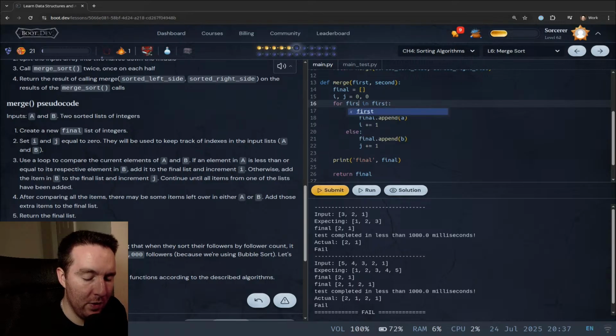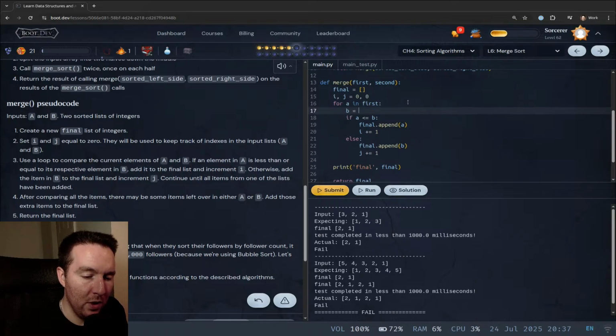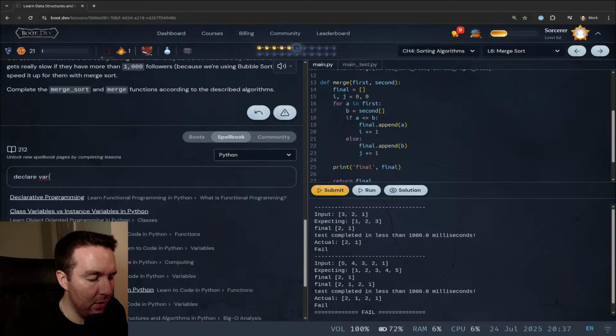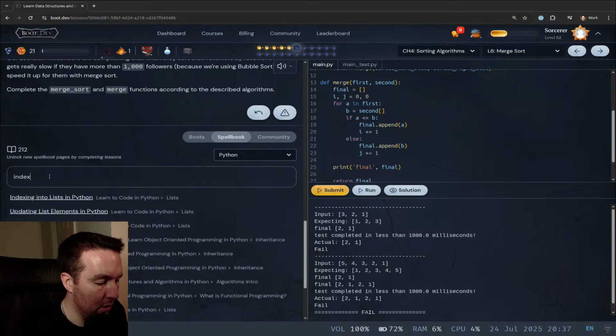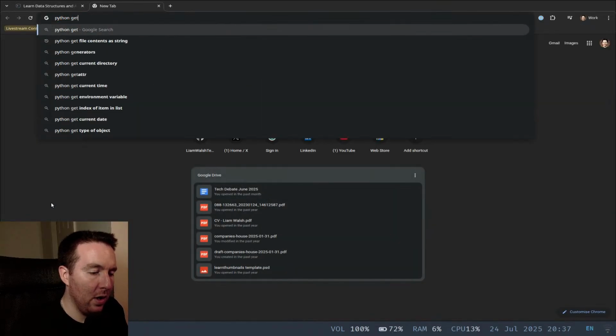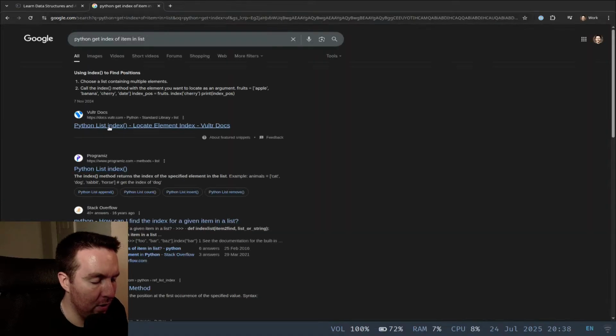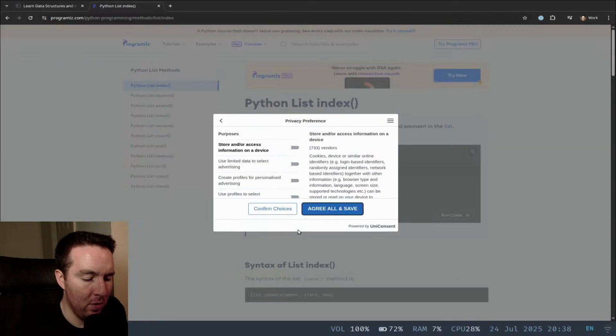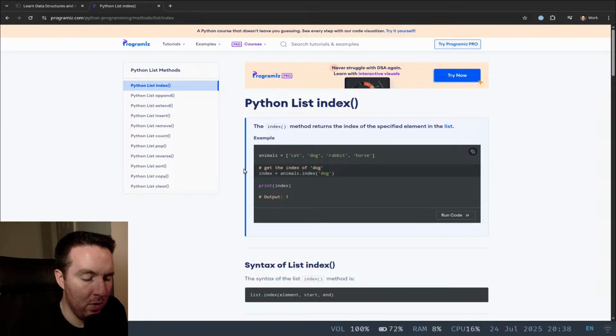So first is A, and I guess B is equal to second. How do you get the index of an item? Python get index of item in list.